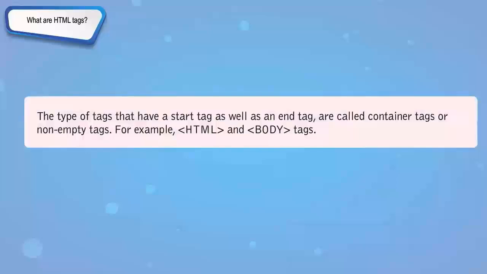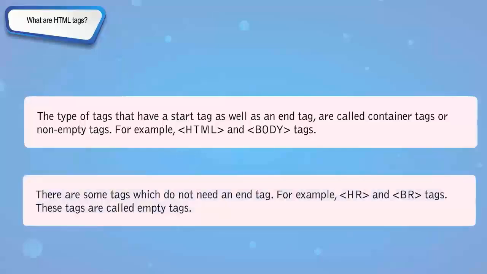The type of tags that have a start tag as well as an end tag are called container tags or non-empty tags. For example, HTML and body tags. There are some tags which do not need an end tag. For example, HR and BR tags. These tags are called empty tags.